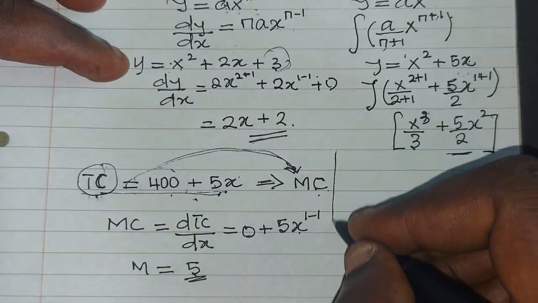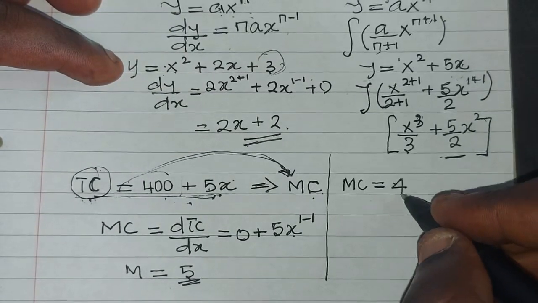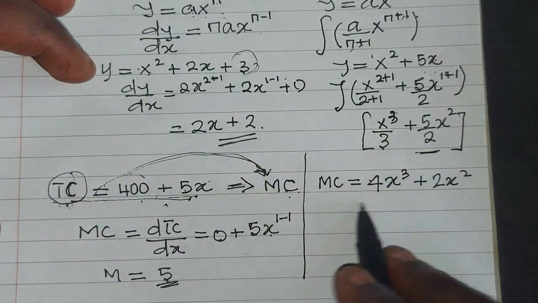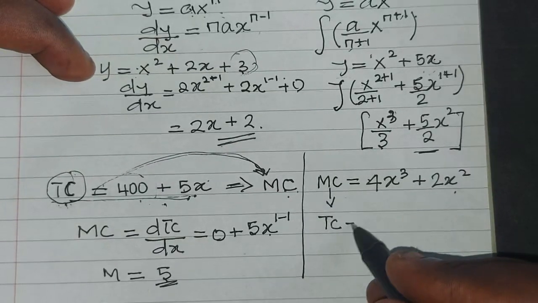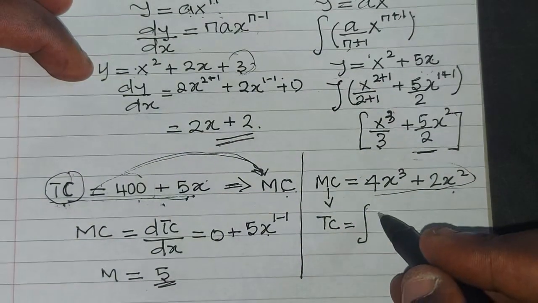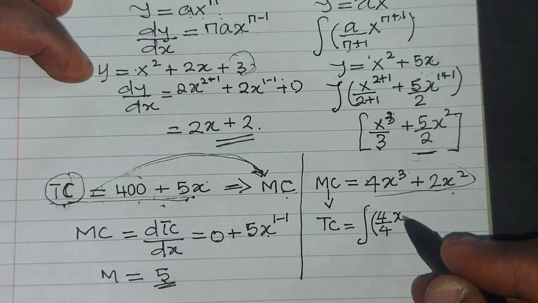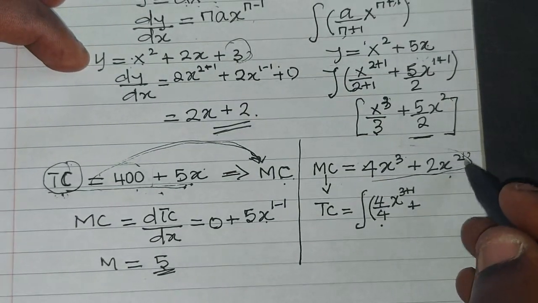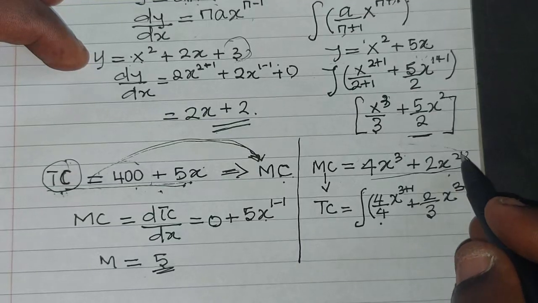But on the other hand, if you are given the marginal cost function, say 4x raised to power 3 plus 2x raised to power 2, then to convert back to total cost, you need to integrate this function. You add 1 to the power and divide, so it will be 4 over 4, x raised to power 3 plus 1, which is 4, plus 2 over 3, x raised to power 3, that is 2 plus 1.